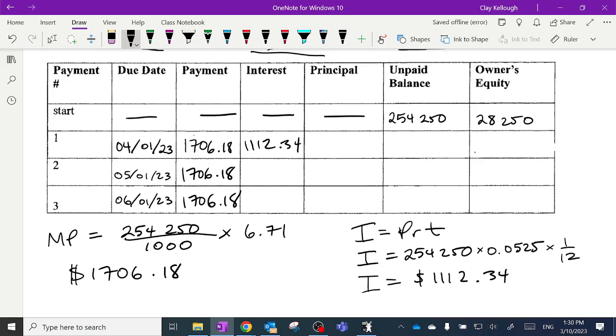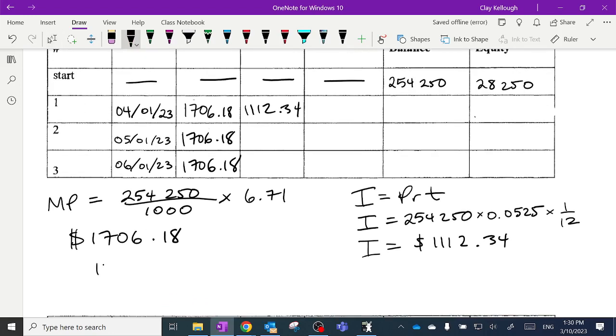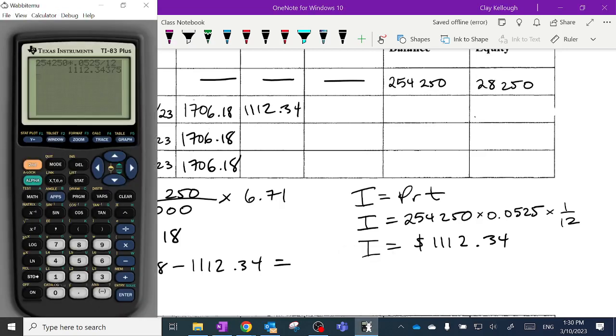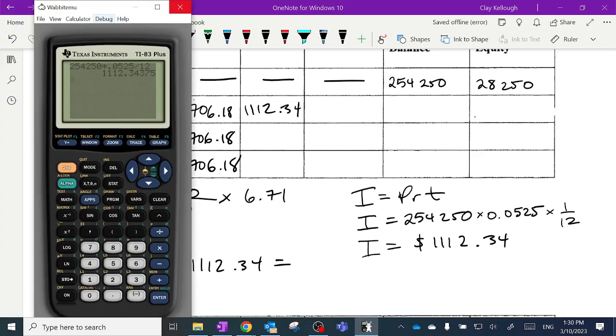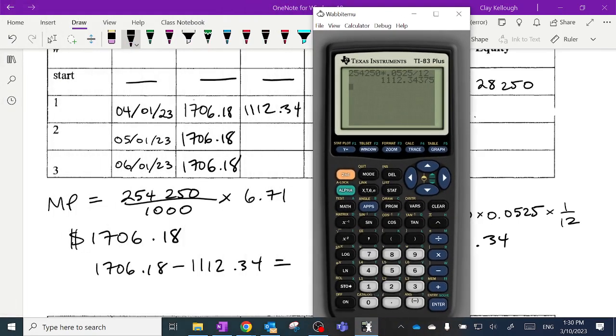We're going to take the payment amount and minus the interest amount, and that'll be my principal. Now, luckily for me, I already have that number in the calculator. If I could just move the calculator over so we could see it. There we go.